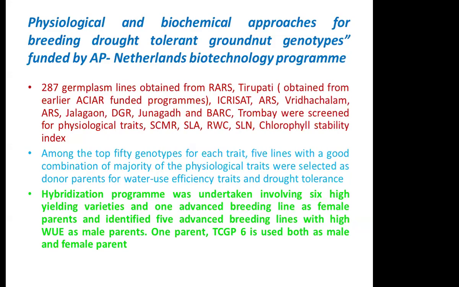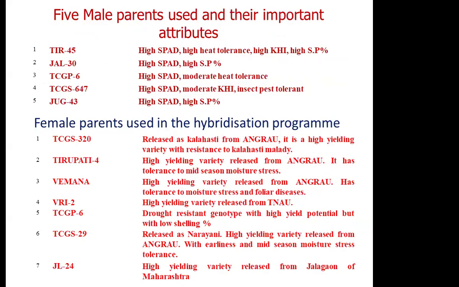Next slide, please. From that, we narrowed down to these 5 lines for inclusion in the breeding program as donors for these drought tolerance traits. These are all drought tolerance surrogate traits, with high correlation with drought resistance.